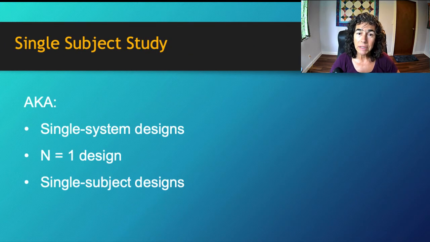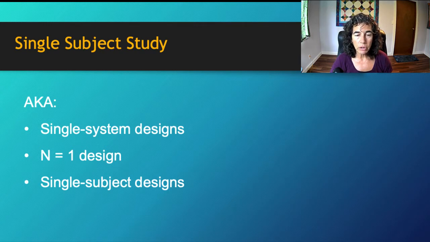In single subject studies, we have an N or a sample size of 1. And single subject methodology works by designing an experiment where instead of having a control group of subjects and an experimental group of subjects or participants and comparing their results, the control and experimental measures come from within a single person.